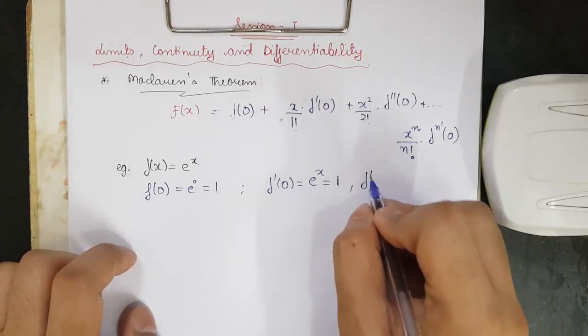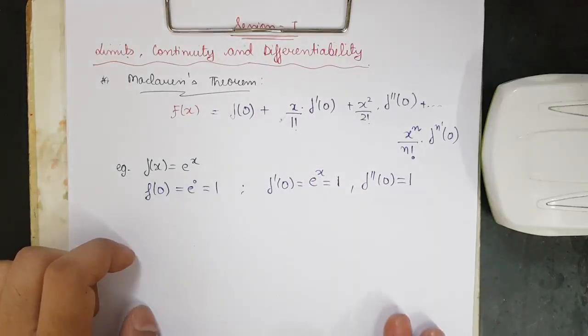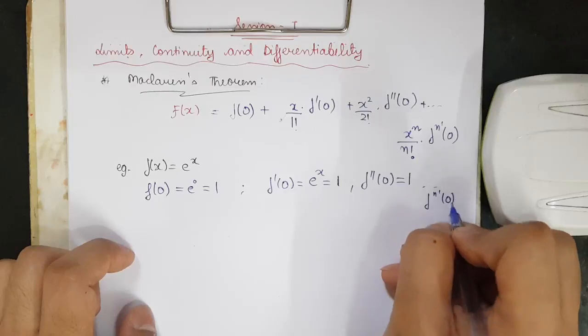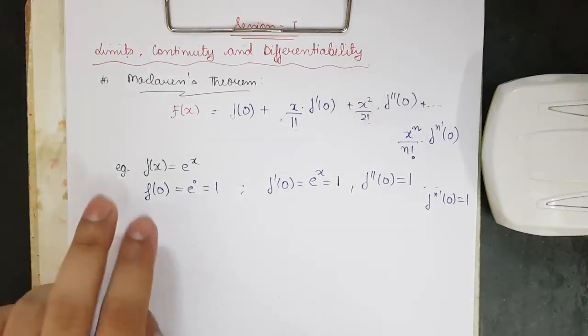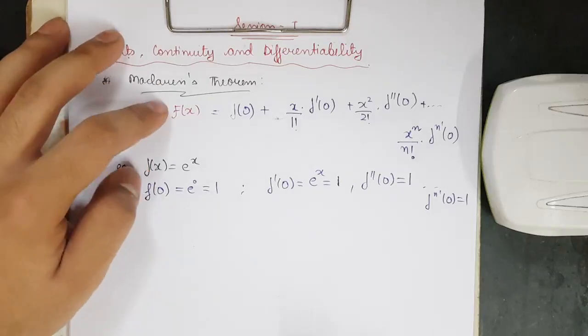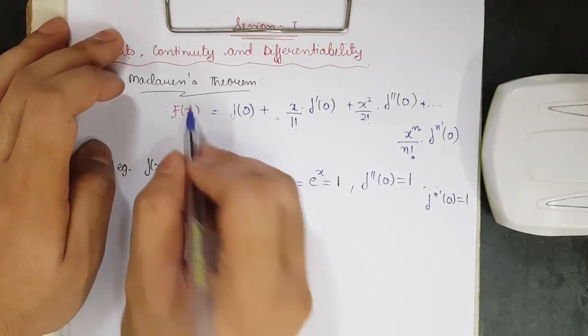Similarly, if you do f double dash 0, that will also come out to be 1 because the differentiation of e raised to power x remains the same. Okay, so similarly f n dash 0 will also be equal to 1. I hope you have realized how we are putting the values here. So from here, the expansion, that is f of x is equal to e raised to power x, we just put the values here.